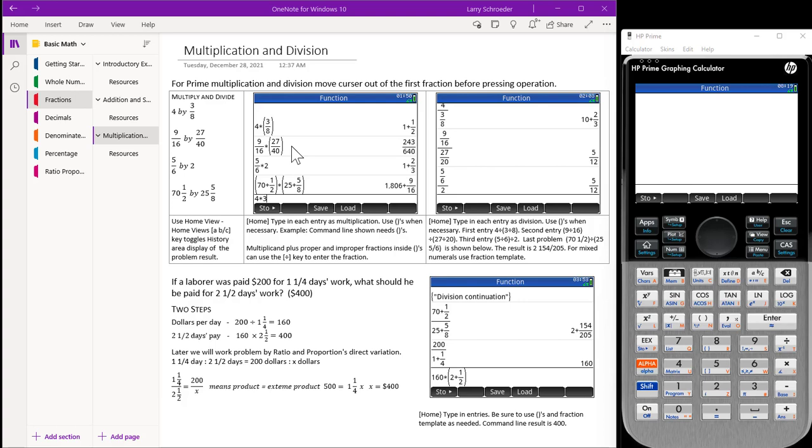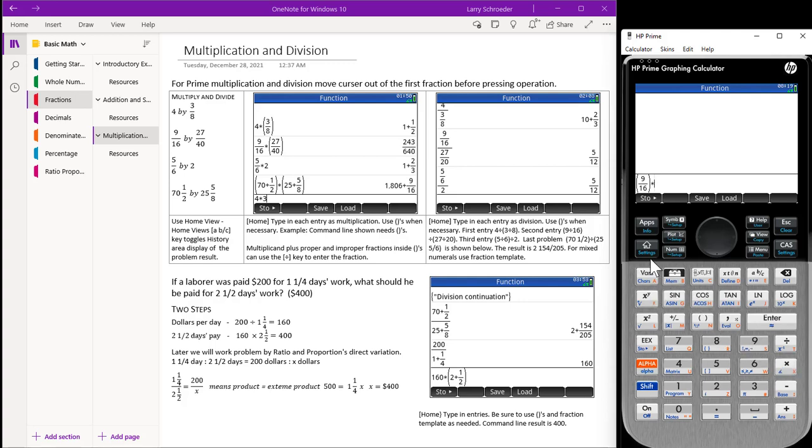I'm interested in what's going on a little bit with this second entry. So let's go over to our calculator, hit parentheses, 9 divided by 16, get the fraction in there, use the pad to move it out. We want to multiply.